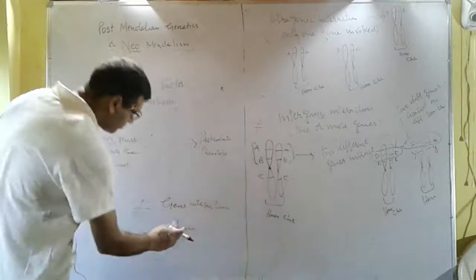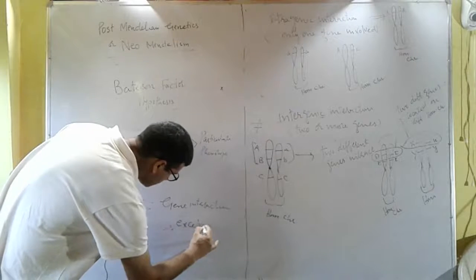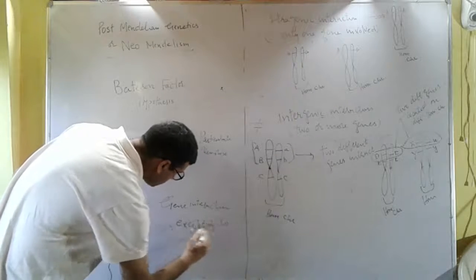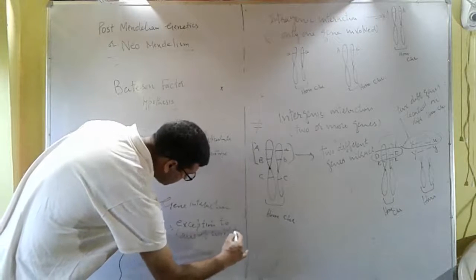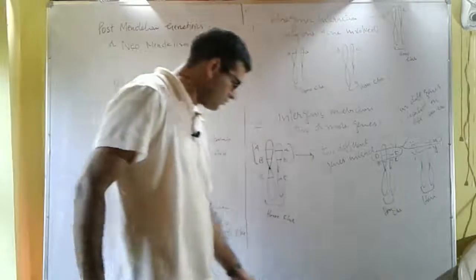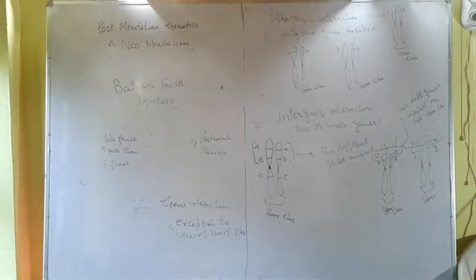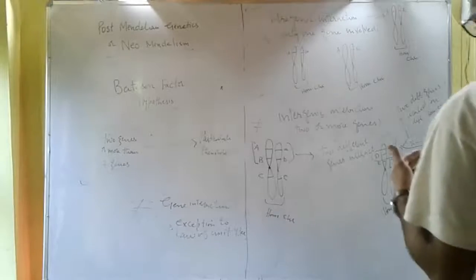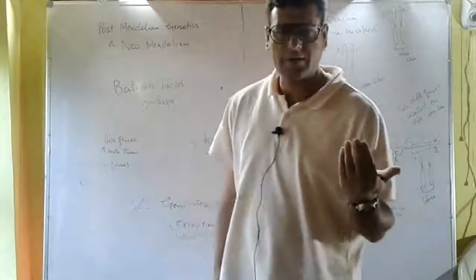The law of unit character says that one gene controls one character.